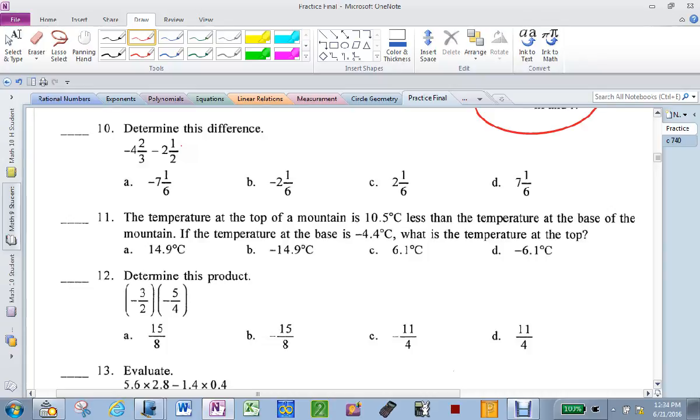Estimate. Estimate. That's almost 5, isn't it? Right? So this is negative 5 minus 2.5, which is almost 3, right? What's negative 5, then take away 3 more? Negative 8. Which of these is closest to negative 8?